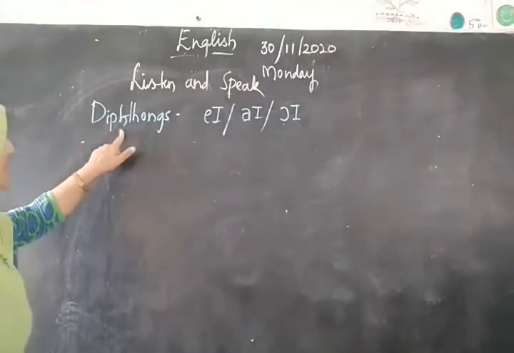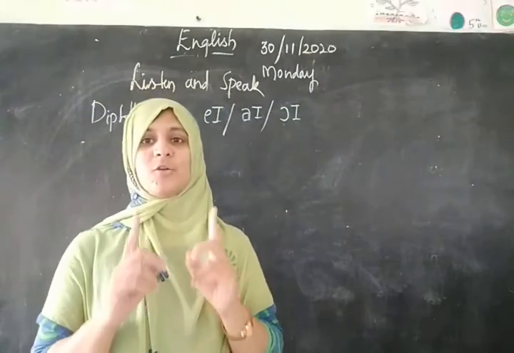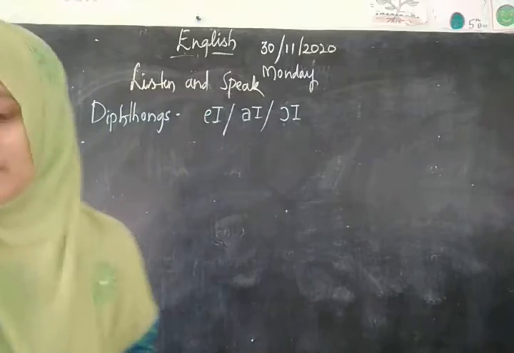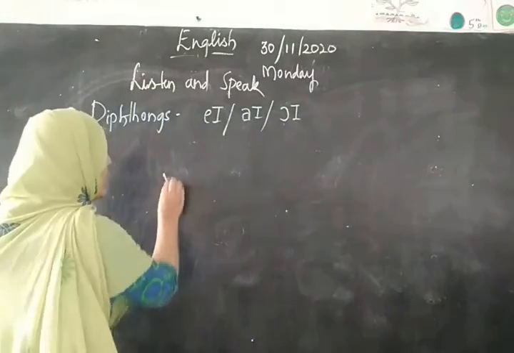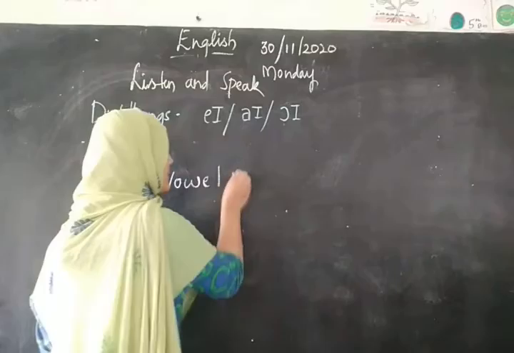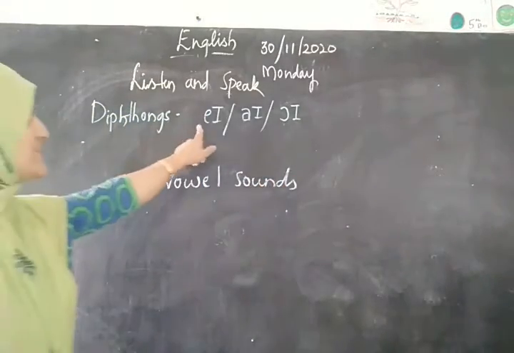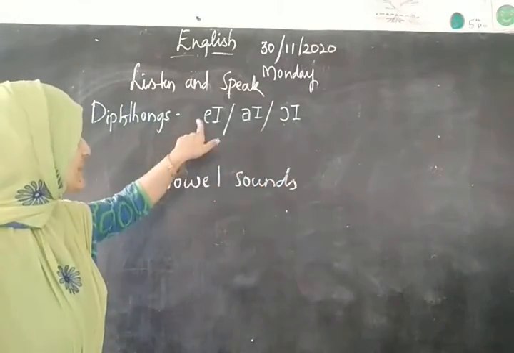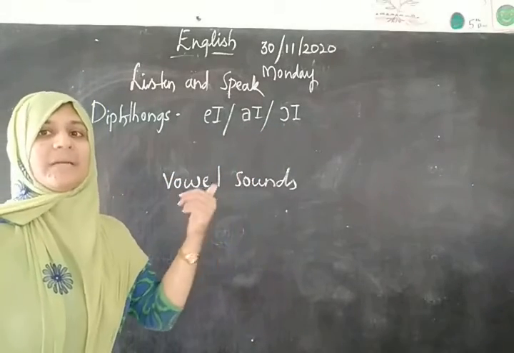Today we shall deal with diphthongs. A diphthong is a combination of two vowel sounds. Remember, not a combination of two vowel letters, but vowel sounds. For this I shall give you an example, like EI, AI, or OI.